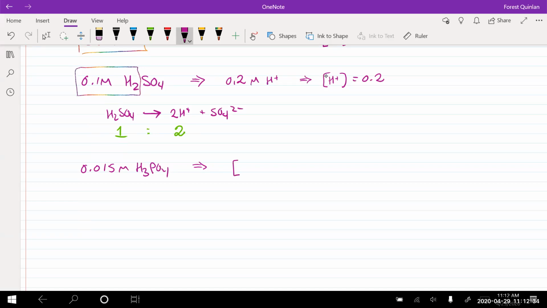Would be 0.15? Not 15, because how many H's are there? 3. So I would have 3 times that to make it 0.45.